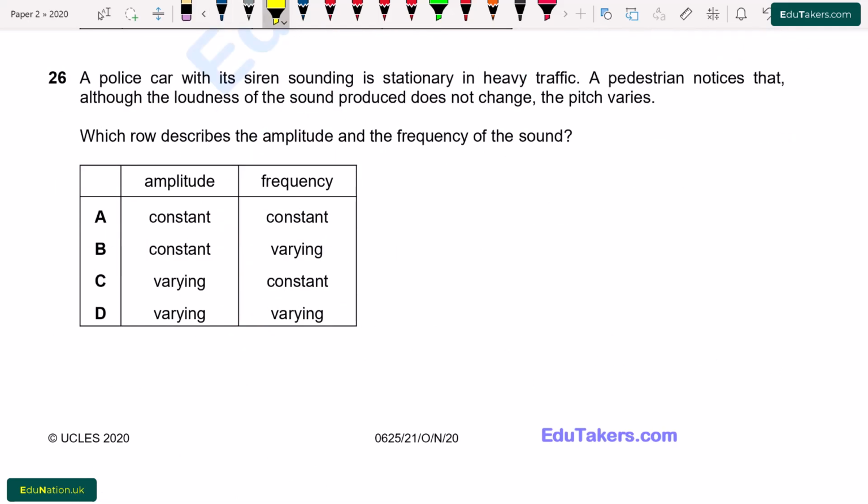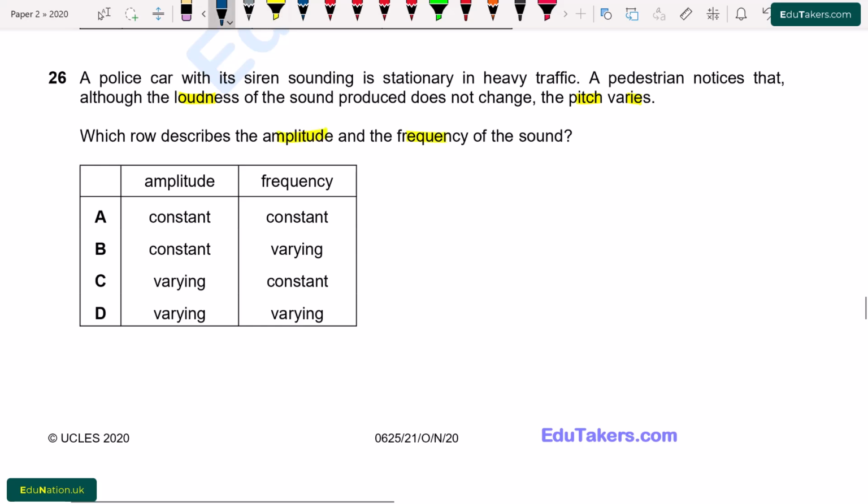Question number 26. A police car with its siren sounding is stationary in heavy traffic. A pedestrian notices that although the loudness of the sound produced does not change, the pitch varies. Which row describes the amplitude and the frequency of the sound?